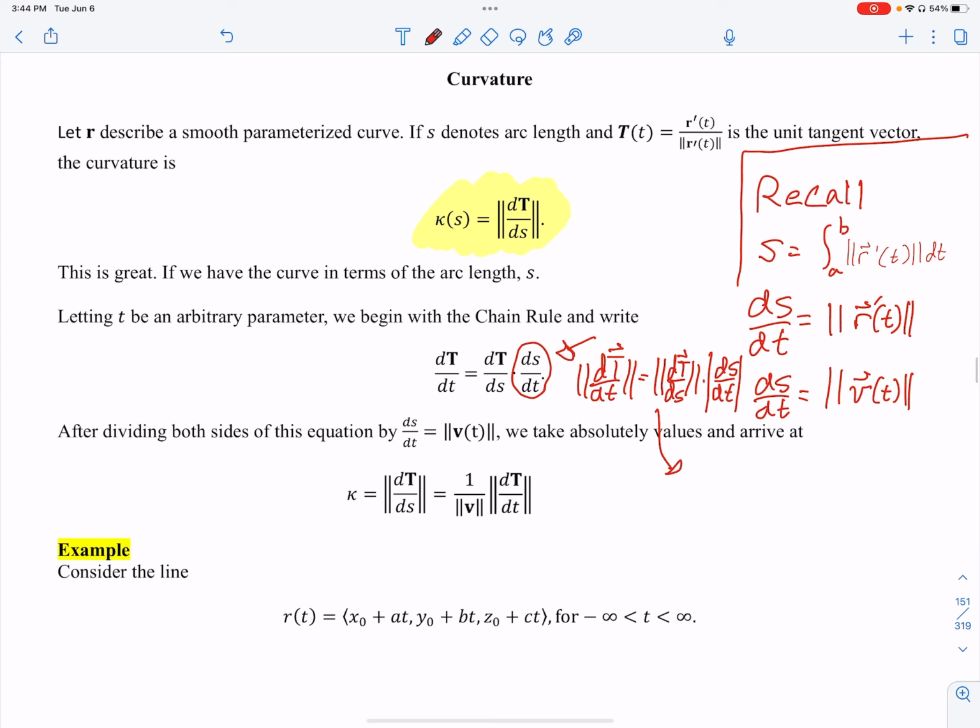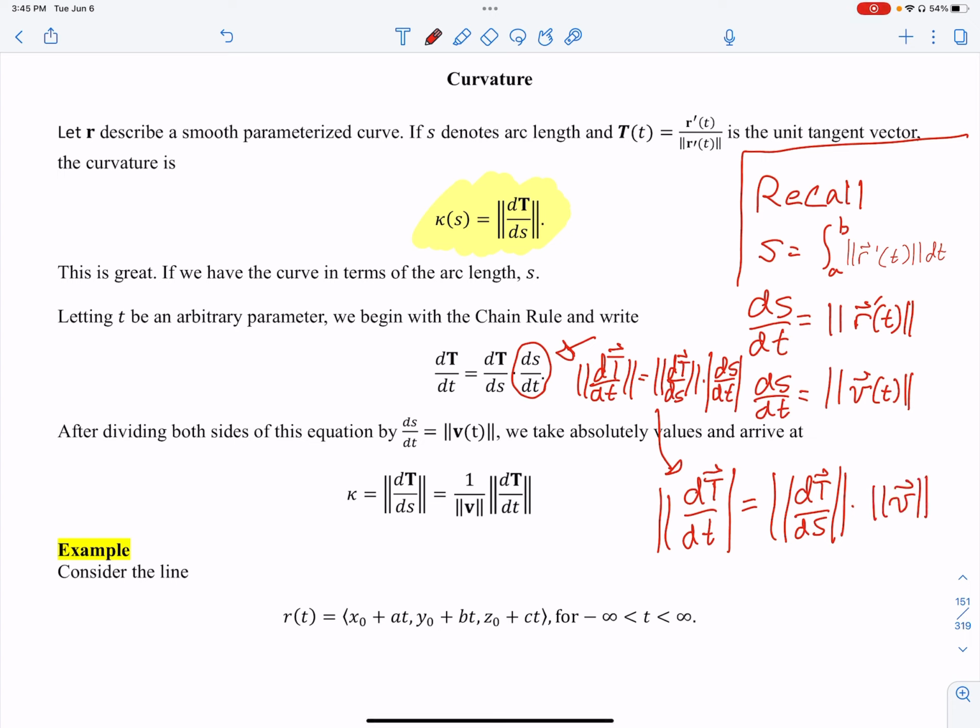So this equation becomes dt dt. And we're solving for ds. Actually, we don't need to show that. We could just write this in real quick. dt ds. And then we're going to replace that with v.